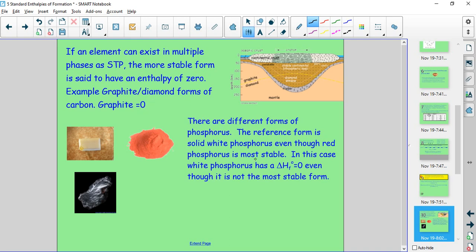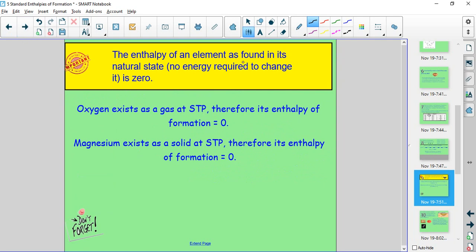When looking at phosphorus, phosphorus is going to be zero as well, but phosphorus is interesting. It can exist as different forms. In this case, white phosphorus is chosen, even though red is more stable for different reasons. But essentially, this is just beyond the scope of our course, and I'm just mentioning it to make the point that, again, anything that exists in its natural form has a heat of formation of zero.